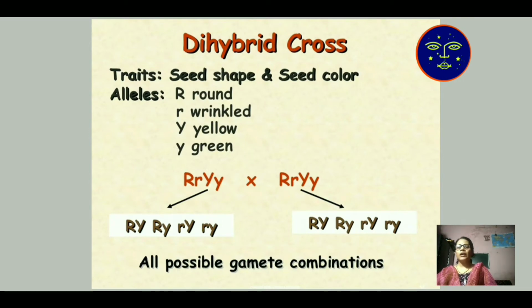All possible gametes are combinations of each other. Capital R combined with capital Y, small r combined with capital Y, and small r combined with small y. So four types of gametes come from this experiment of two characters crossing with each other.